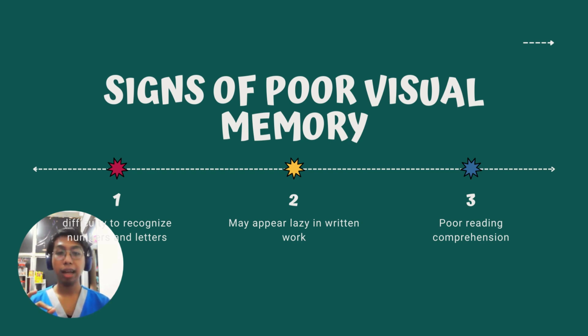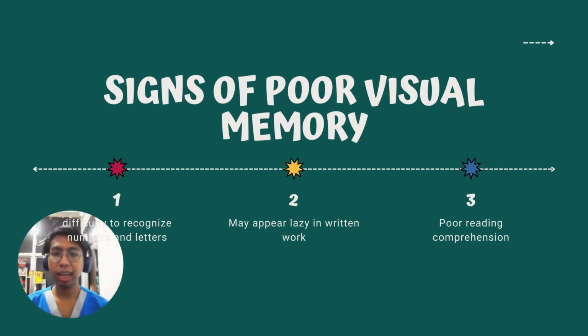If you have poor visual memory, can you recognize if that is an A or just a round shape? This is something parents should take note of, because poor visual memory means they have difficulty recognizing numbers and letters. So it would impact them in terms of reading comprehension, which becomes poor.